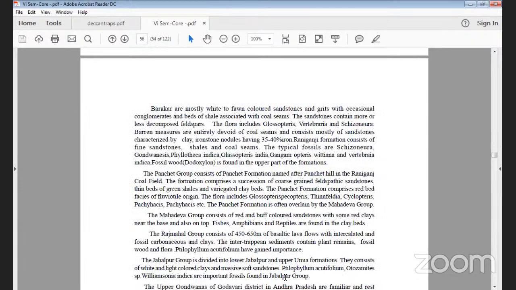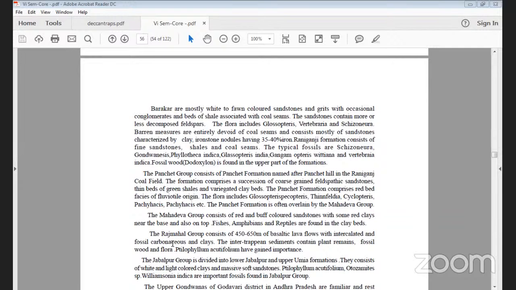Coming to the Barakar, most of the Barakar is white to fawn colored sandstone and grits with occasional conglomerate and shale beds associated with the coal seams.